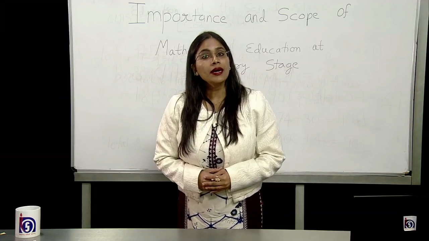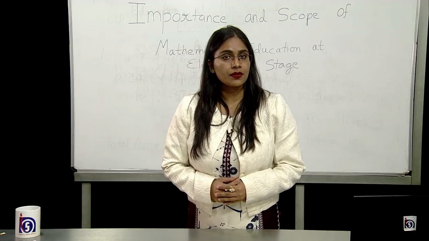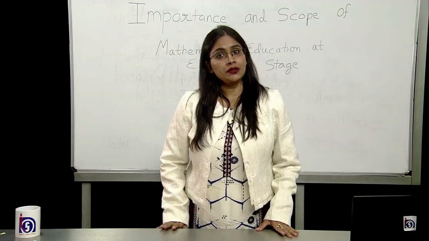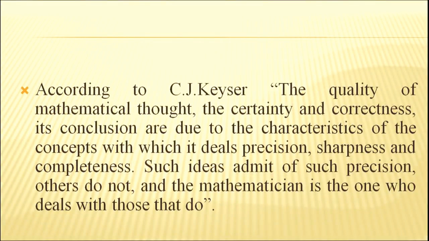Now next is mathematics is precise. Precision is that nature of mathematics which deals with accuracy and exactness and leaves no scope for doubt. According to C.J. Keyser, the quality of mathematical thought, the certainty and correctness of its conclusions are due to the characteristics of the concepts with which it deals: precision, sharpness and completeness.